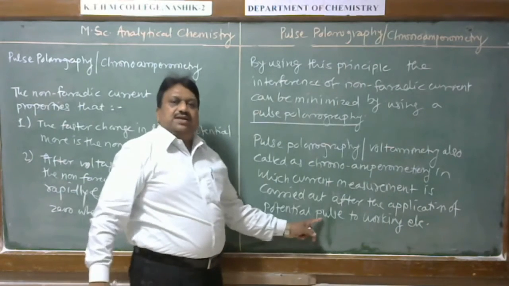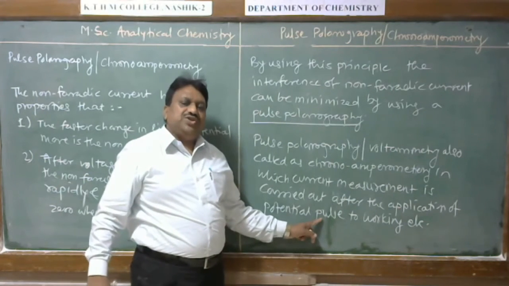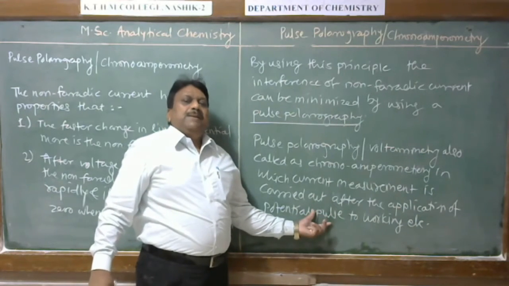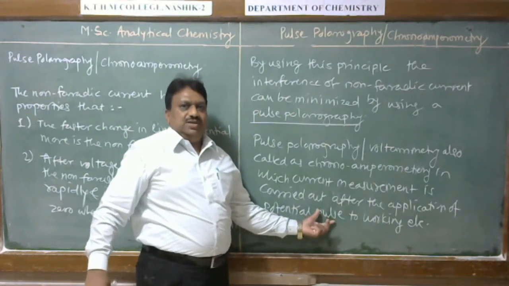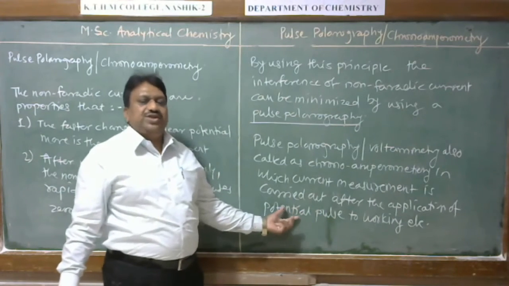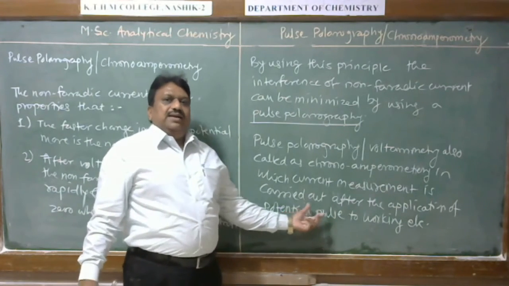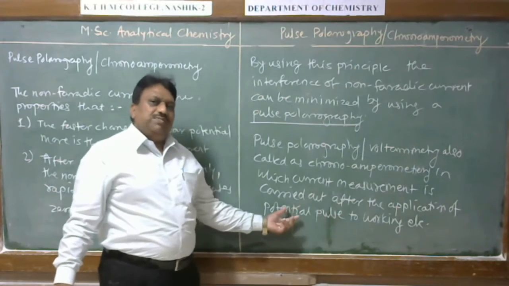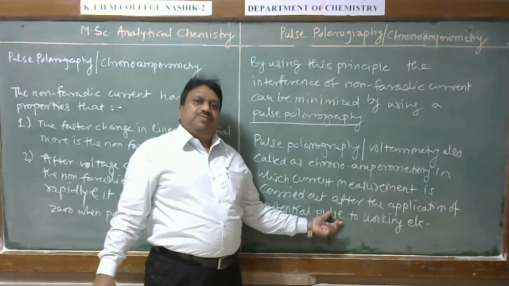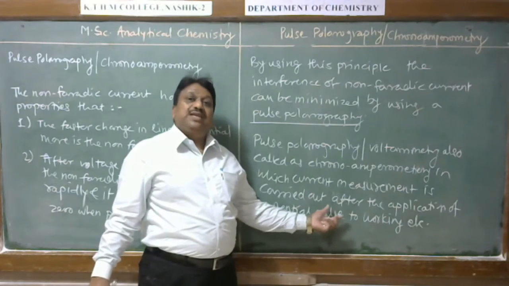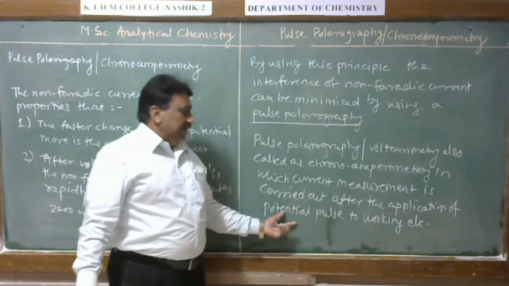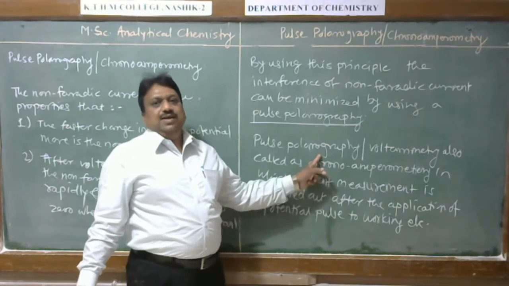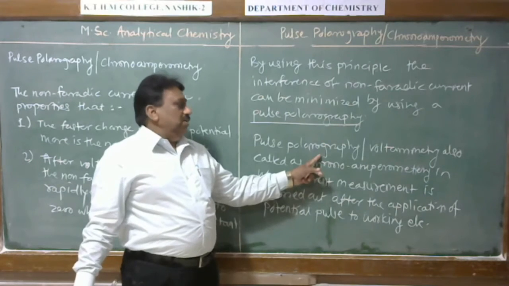Potential pulse means we can suddenly increase the potential of the working electrode for some instant. Generally 50 millisecond is the time in which we suddenly increase the potential of the working electrode, and within a 17 millivolt we can carry out the measurement at the end of the life of the mercury drop. That technique is called pulse voltammetry or pulse polarography.